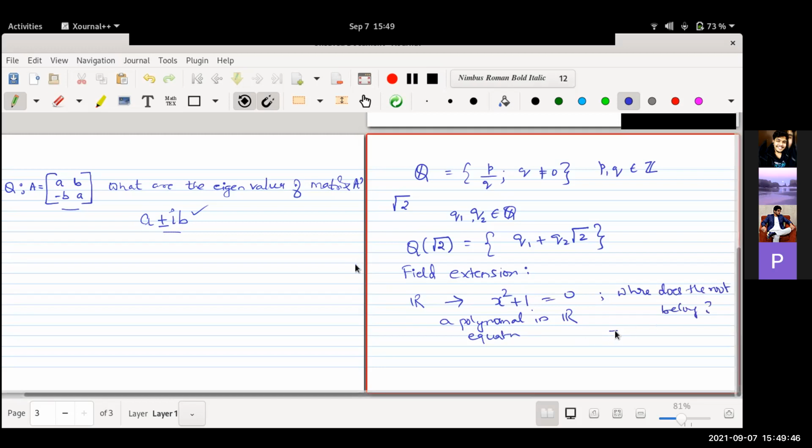Complex plane. Actually, there are no roots in this domain at all, no roots in R. So what did you do? You simply hypothetically invented: let I be the root.